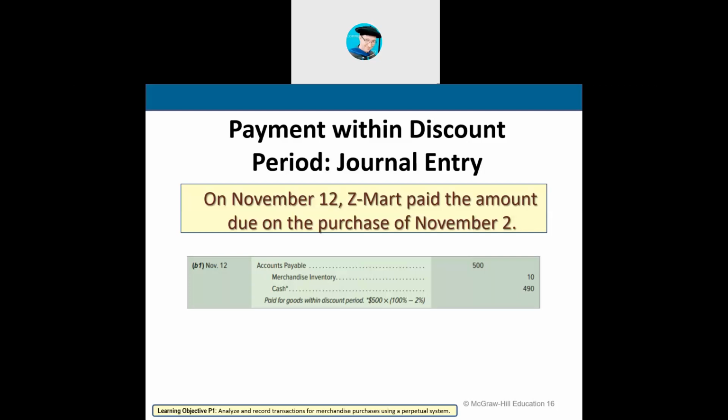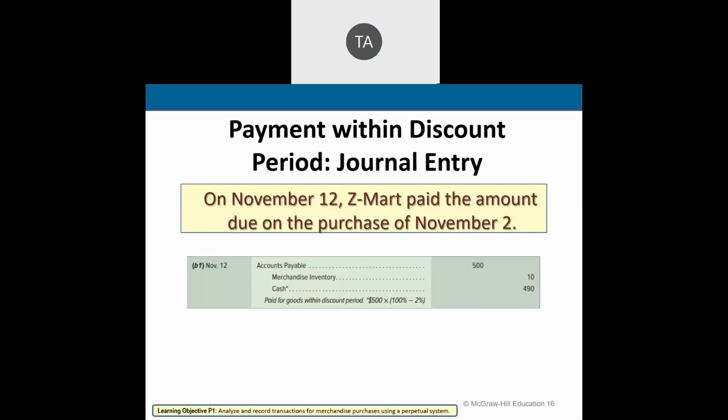So we debit accounts payable 500 to reduce accounts payable by the full amount that we put in. We credit merchandise inventory $10. What that does is reduce the total cost of our inventory by the $10 discount.